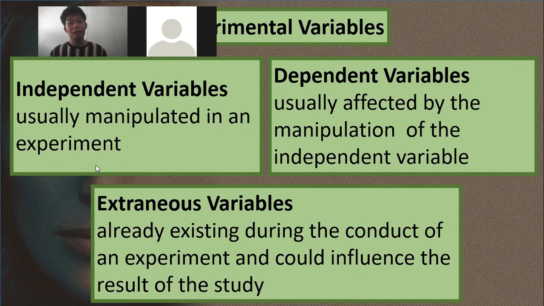When we say dependent variables, usually affected by the manipulation of the independent variable, meaning the result of dependent variables will depend on the independent variables. We cannot manipulate dependent variables because the result of these variables will depend on the independent variables. We also have extraneous variables. These are already existing variables during the conduct of an experiment and could influence the result of the study.